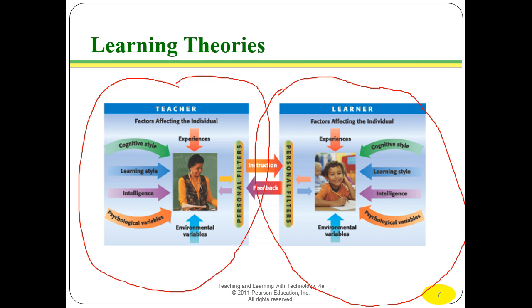Aren't the two things basically identical? Sure. We're just looking at the same kinds of variables, the same kinds of outside, inside influences that affect the teacher, that are going to affect the student.